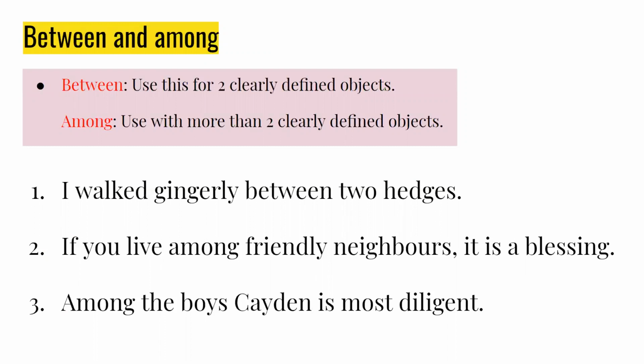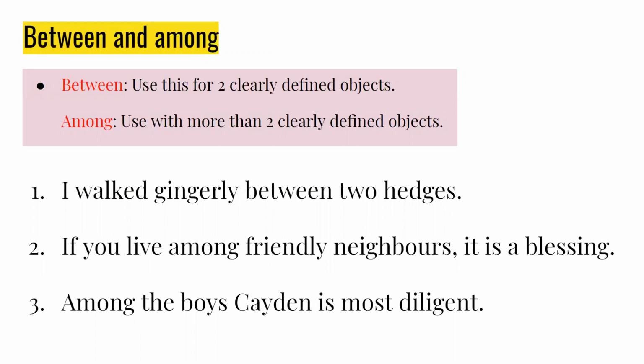Another instance of a relationship that's not clearly defined is in sentence 3. Among the boys, Caden is most diligent. We don't exactly know how many boys are involved, so we use the word among.